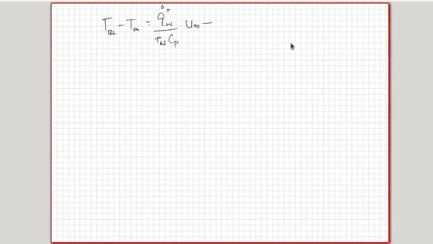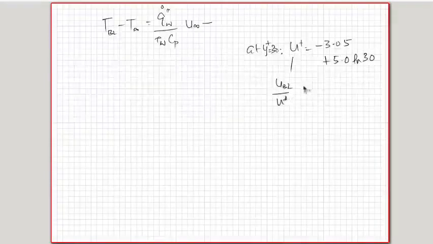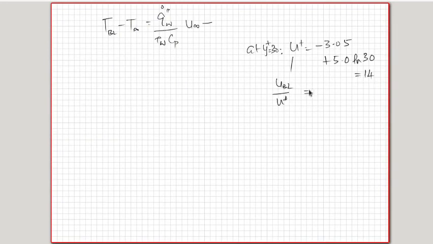Now if I write u plus equal to minus 3.05 plus 5.0 log 30 at y plus equal to 30. So this u plus is nothing but uBL divided by u star. And this, if you evaluate, this comes to around 14. Okay, so this uBL becomes 14 u star. So I can write it as 14 u star.